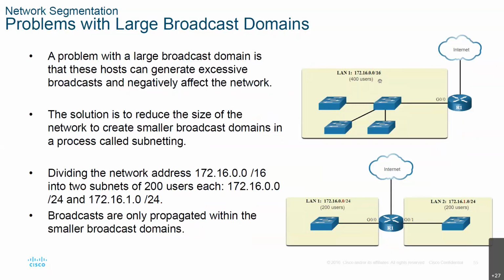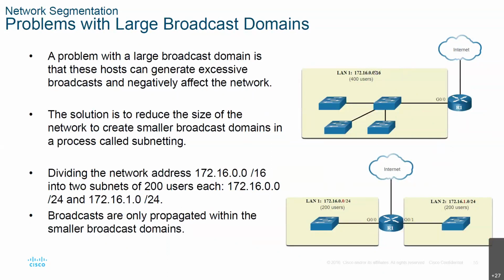So rather than doing this, what we do is we take this network 172.16.0.0 and divide it, or subnet it, into 2 subnets by borrowing another 8 bits from the host.